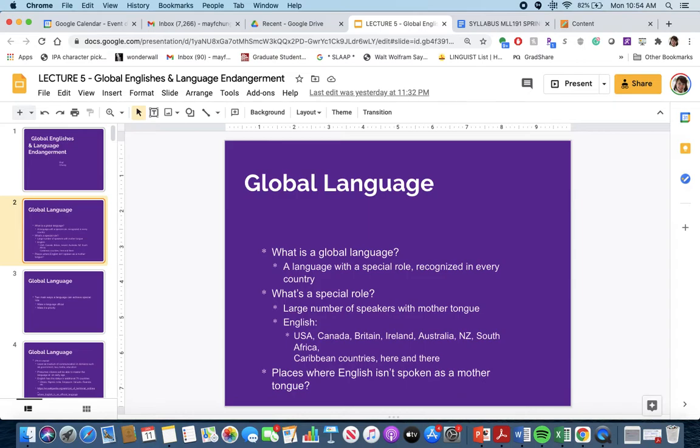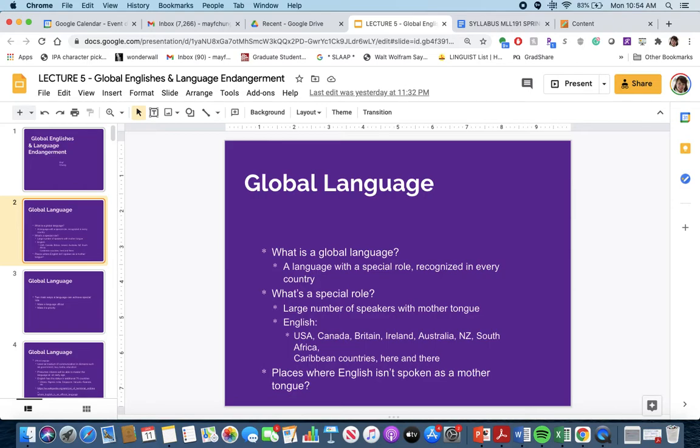English has a notable role in that it is the first language for a lot of countries, such as the United States, Canada, Britain, Ireland, Australia, New Zealand, South Africa. In some African countries, it is an official language. So we have Kenya, where it is an official language. Some Caribbean countries have it as an official language.